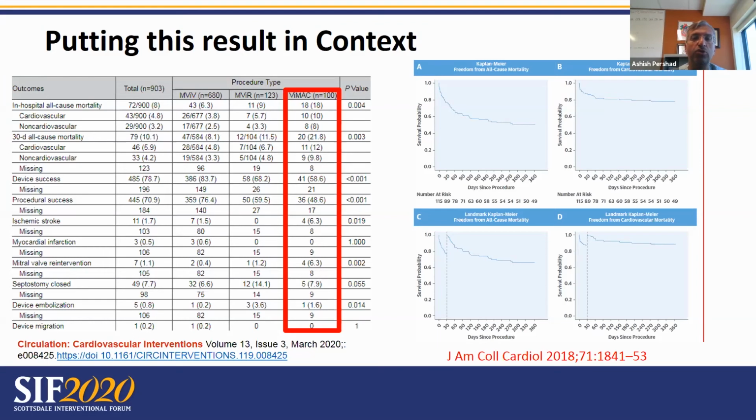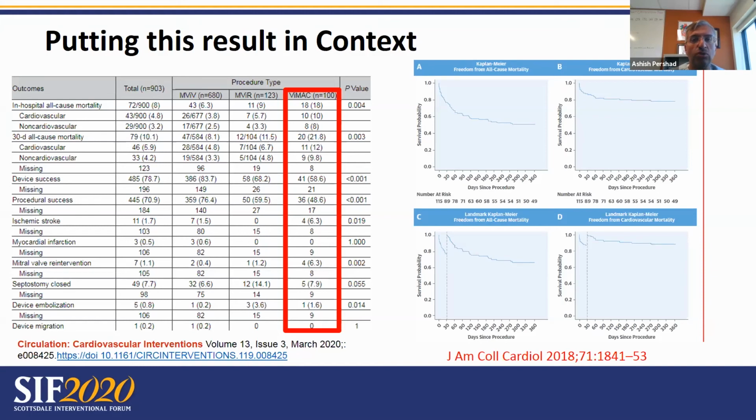Once again, demonstrating that this procedure still has a lot of nuances and is not something that can be taken lightly. Device success, as reported by the VARC-2 criteria, was a little over 50%, which once again illustrates that valve embolization as well as device stability is still a major concern as we try to circularize an elliptical mitral annulus.